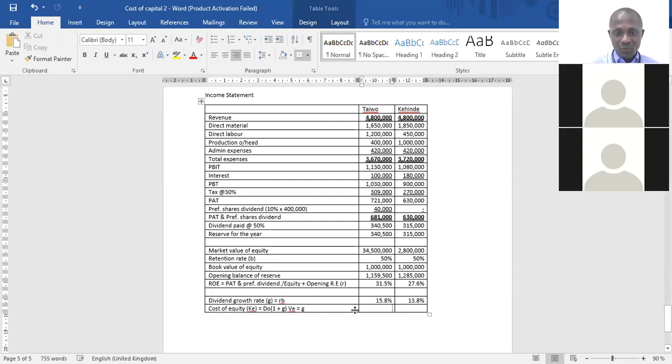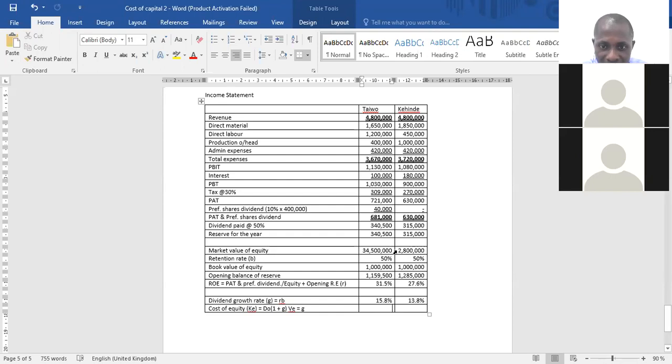So my D0 for Taiwo is 340,000 times 1.158, divided by the market value of equity, 34,500,000.